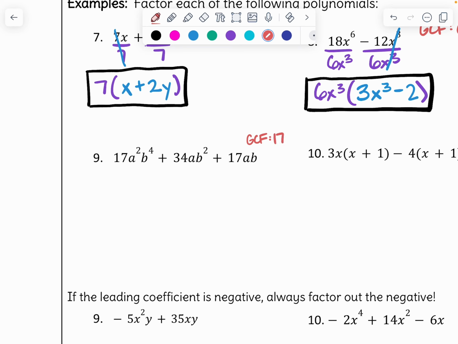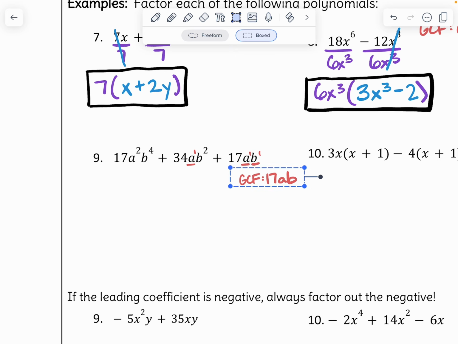The lowest exponent for a is 1, because this one has an invisible 1, and this one has an invisible 1. So it's just going to be a, and the lowest exponent for b is also 1. So my greatest common factor is 17ab.